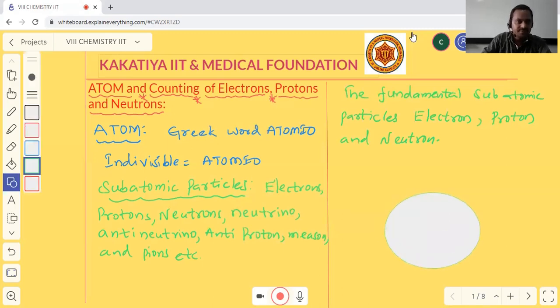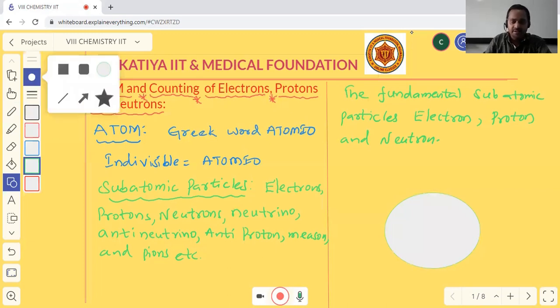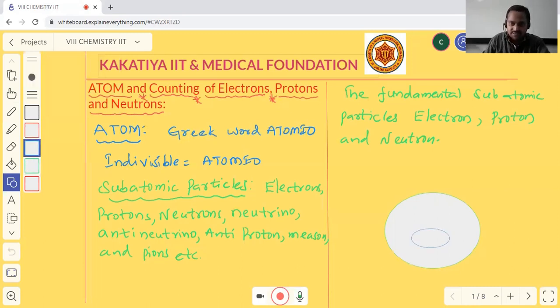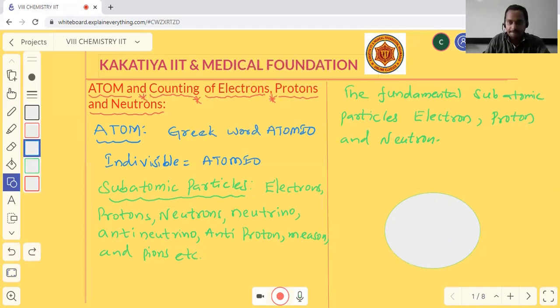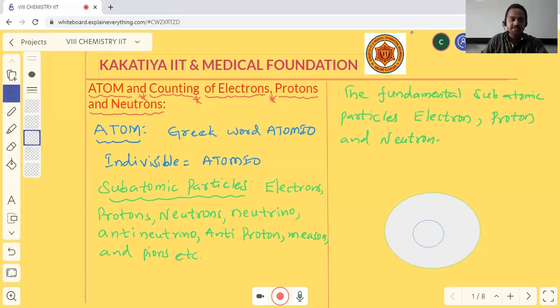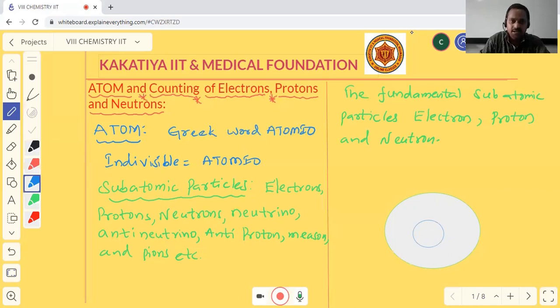Assume this is a nucleus. Inside the nucleus, protons and neutrons are present.